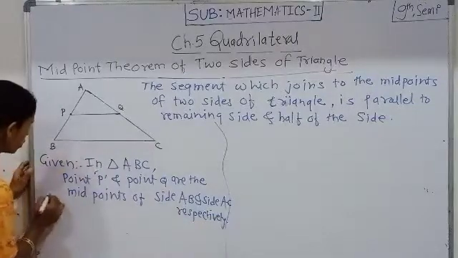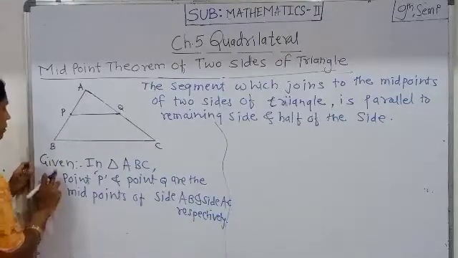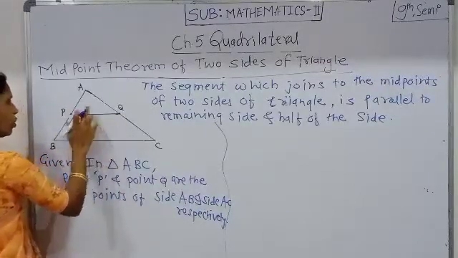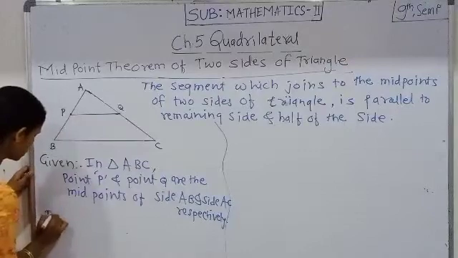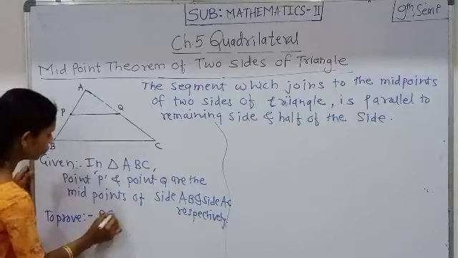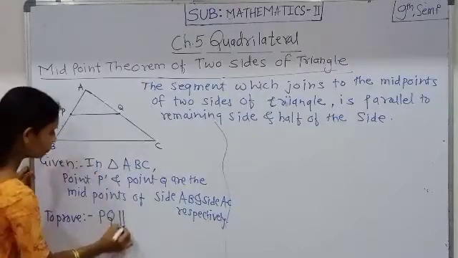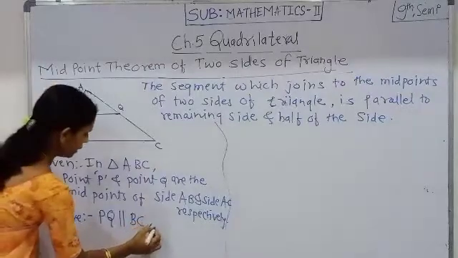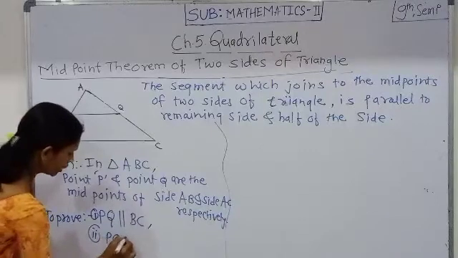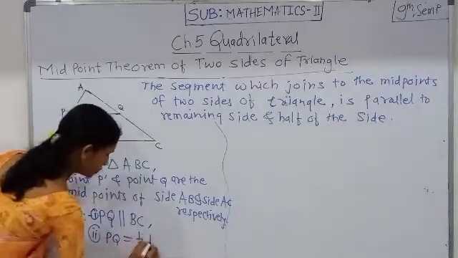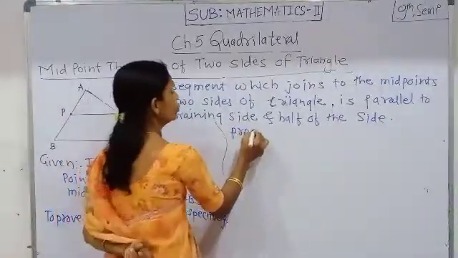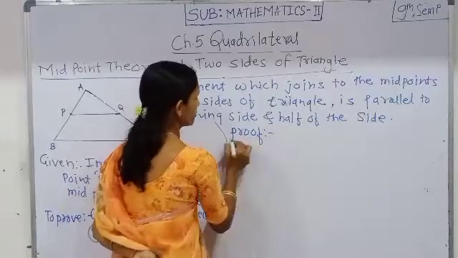We have to prove that the line segment which joins the midpoints of two sides of the triangle, here PQ, is parallel to BC, as well as PQ is 1/2 of BC.